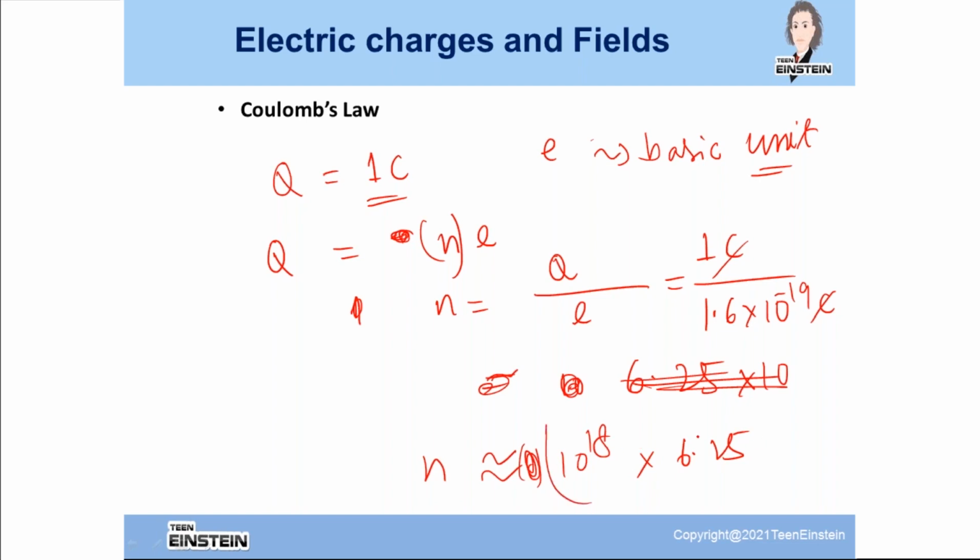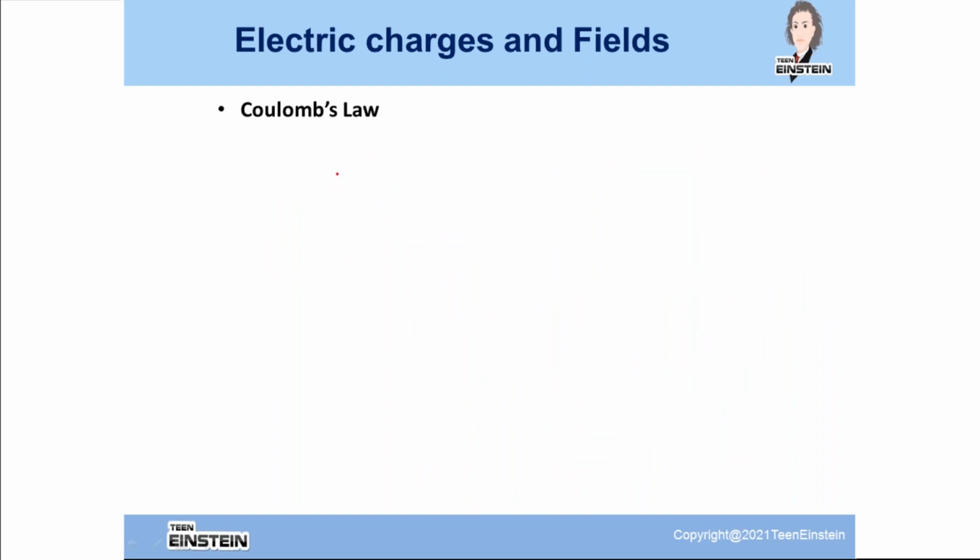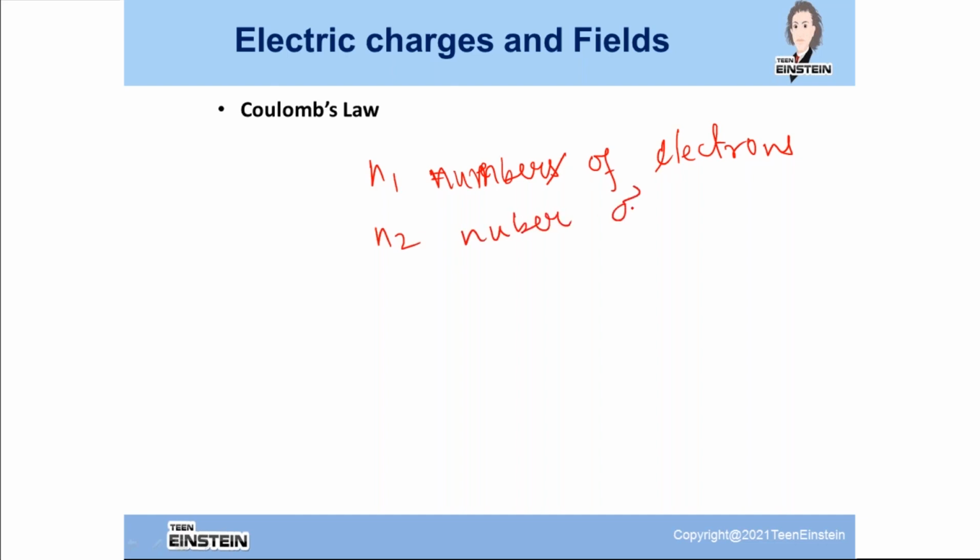This is a number. Now suppose you are told that there are n1 number of electrons and there are n2 number of protons.